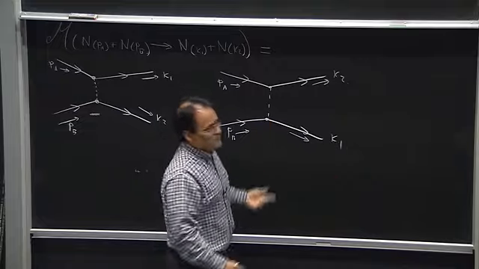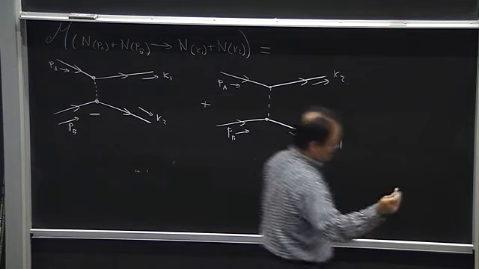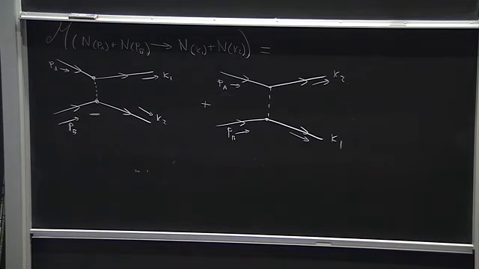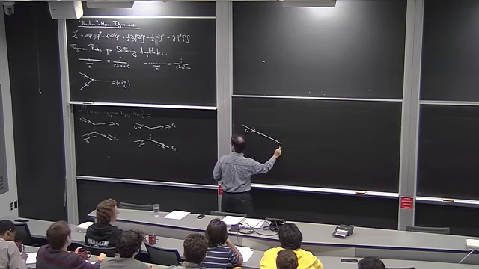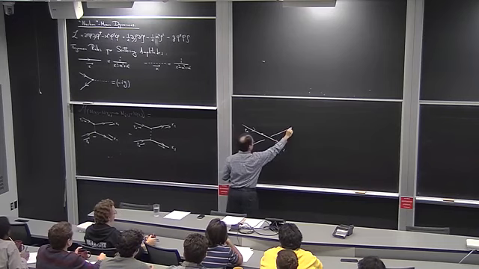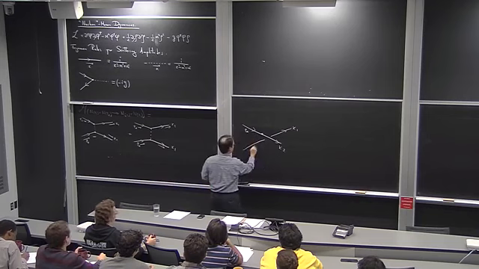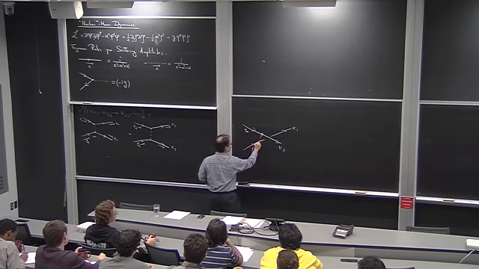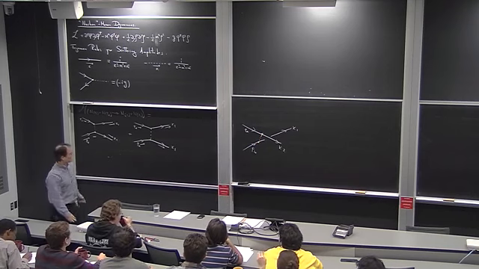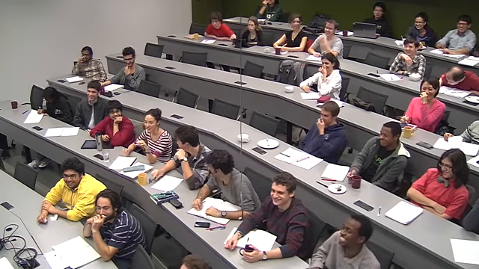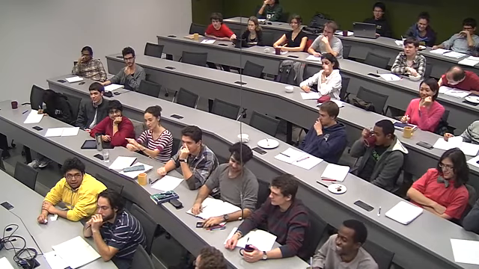Instead of doing that, let me ask you: is this the diagram you're thinking about? No, I was thinking in the direction of the lower part going the other way.